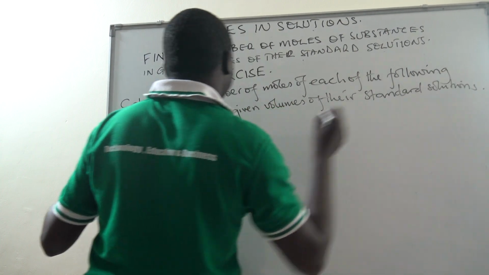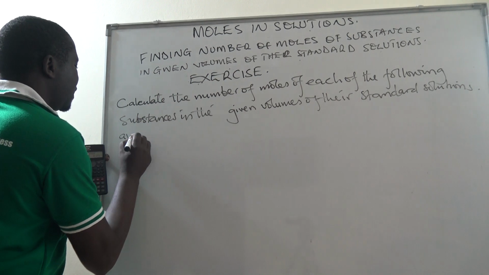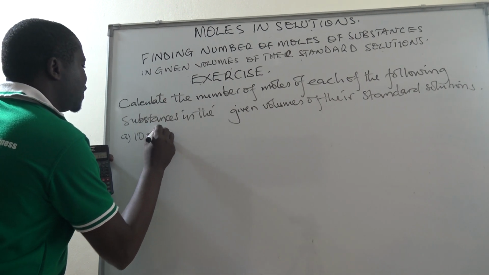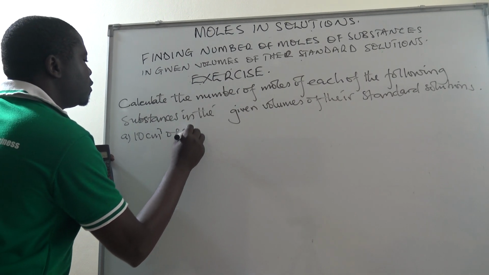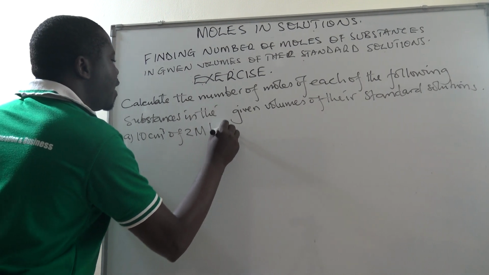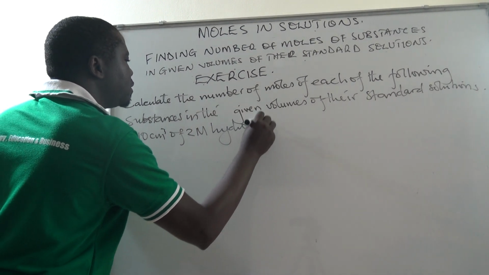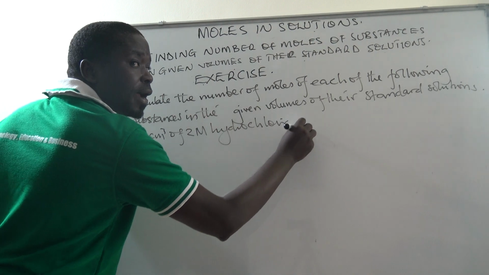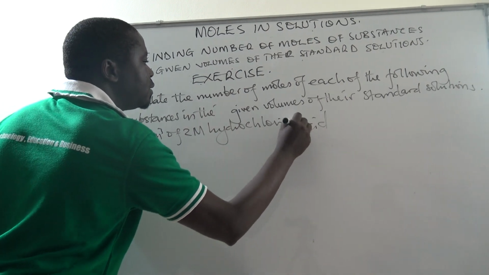So we have 10 cubic centimeters of 2 molar hydrochloric acid.